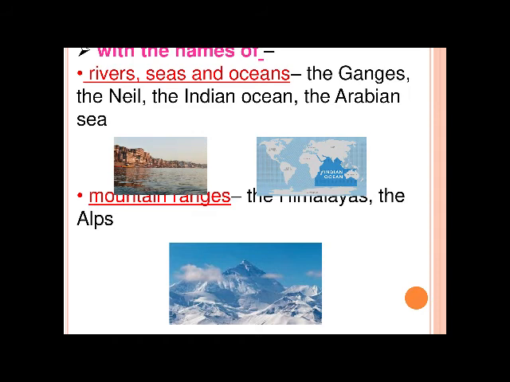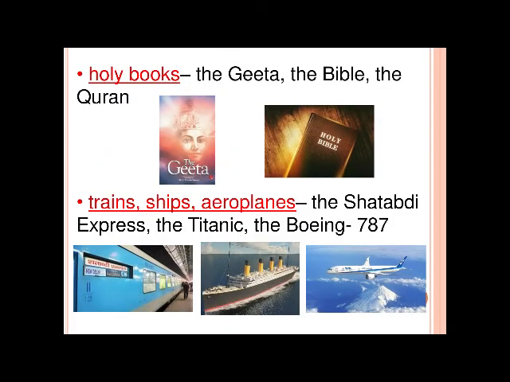That's why we have used the with them. Then mountain ranges like the Himalayas, the Alps. Now these are the names of mountain ranges. So I have used the with them. Then holy books, the Gita, the Bible, the Quran. So these are the names of a few holy books.